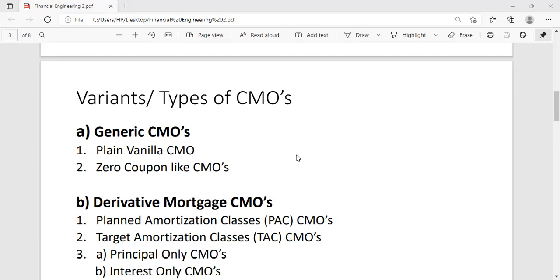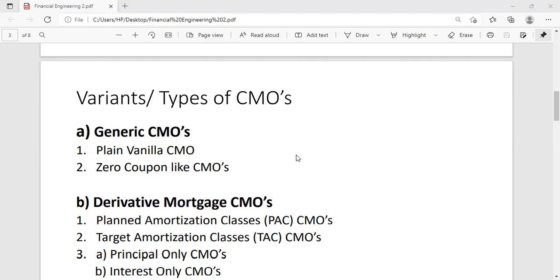Accrual bonds create residuals when the reinvestment rate of funds received by the trust is more than the rate that the accrual bonds usually get.